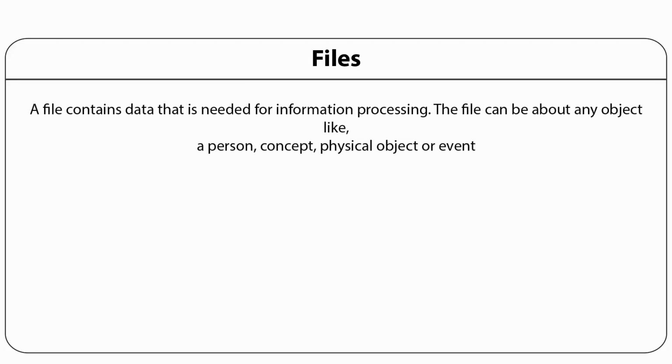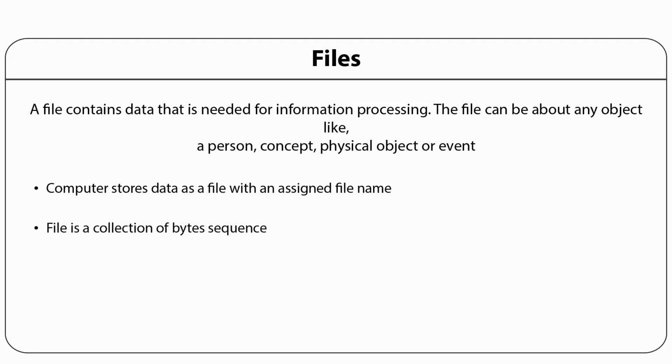Files. A file contains data that is needed for information processing. A file can be about any object, like a person, concept, physical object, or event. In a computer, any data is stored in the form of a file, and each file has an assigned name.